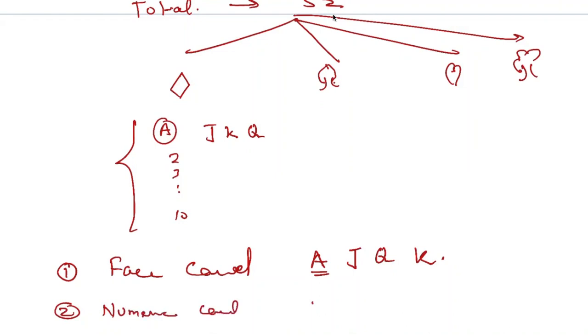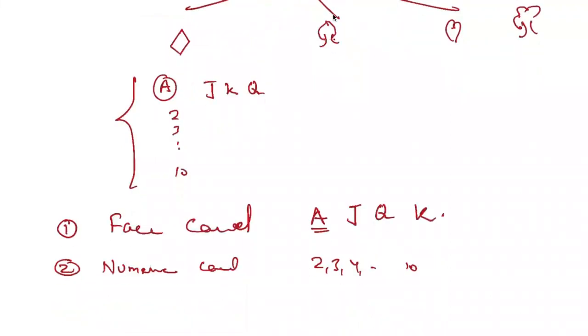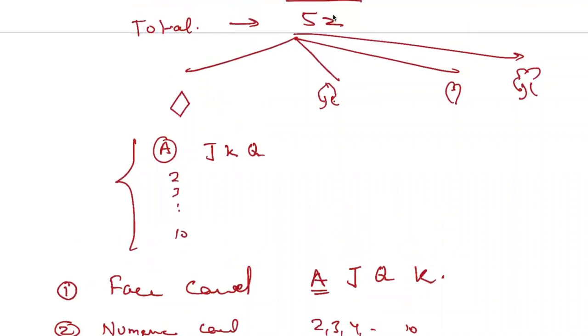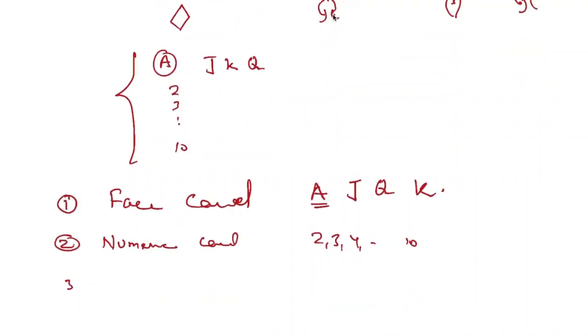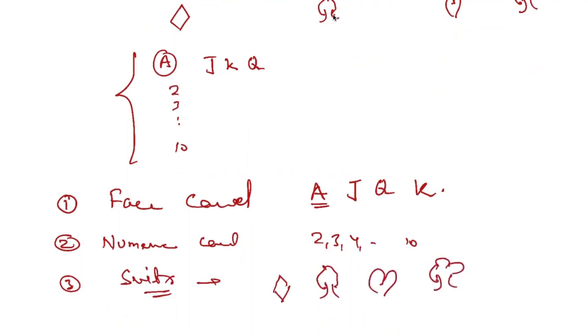Numeric cards are the numbers 2, 3, 4 up to 10. These are called the suits: diamond, spade, hearts, and club.